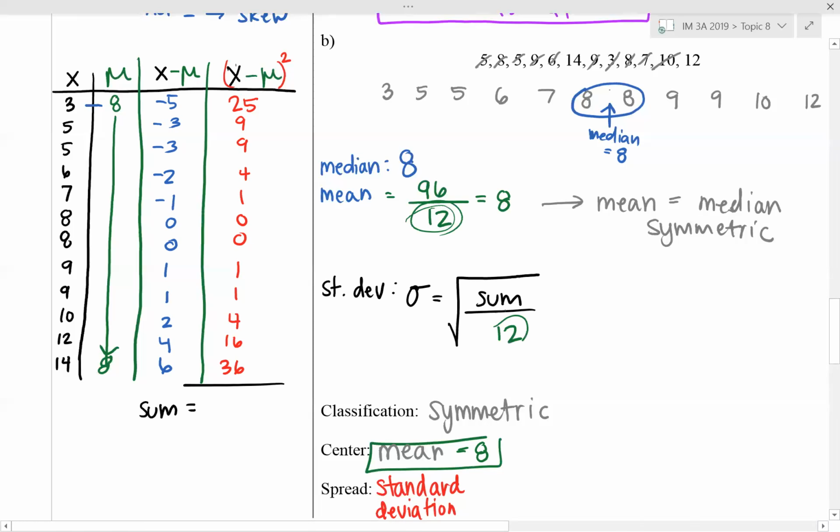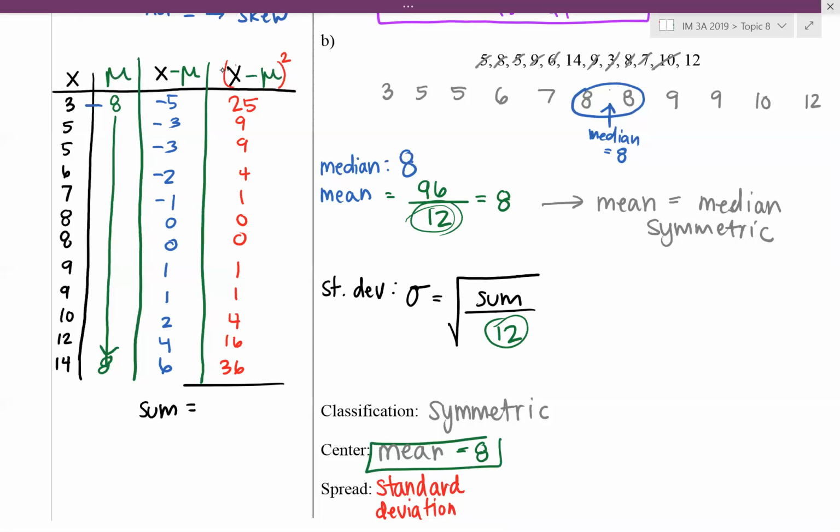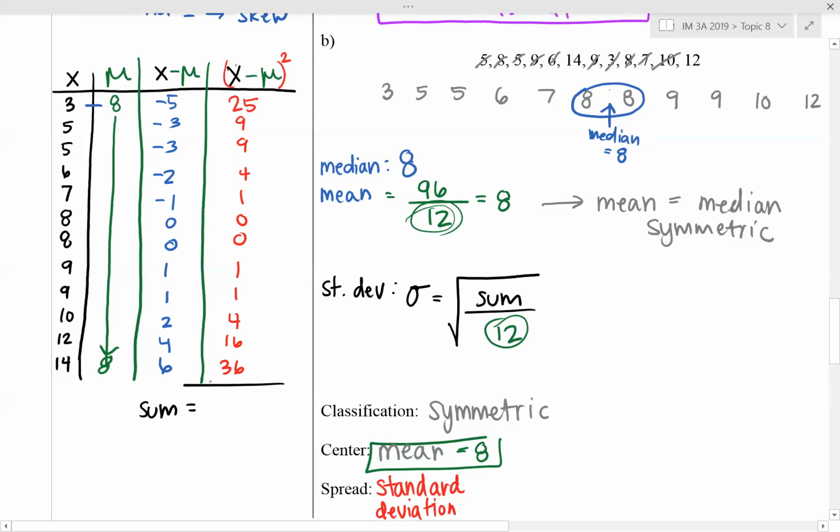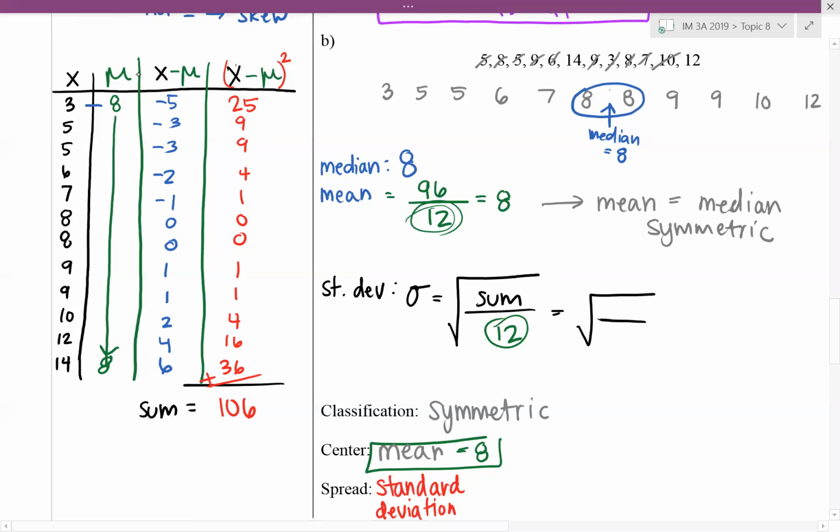That number always matches. So I have to find the sum of all of those numbers. If I add up all the red numbers from 25 down to 36, that gives us 106. So the standard deviation is going to be the square root of that 106 divided by 12.